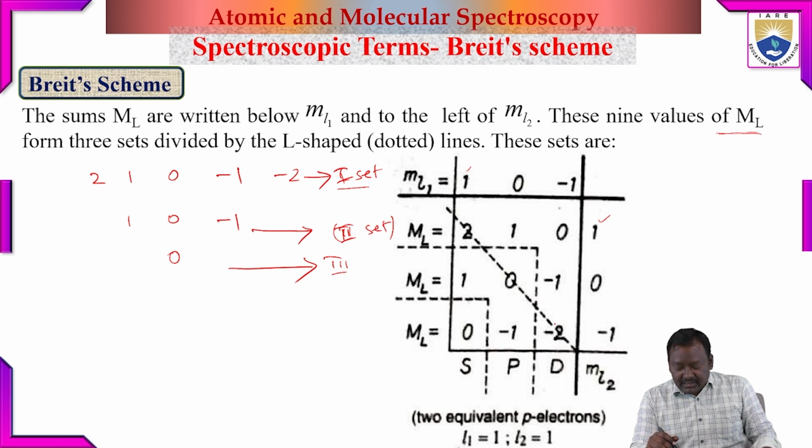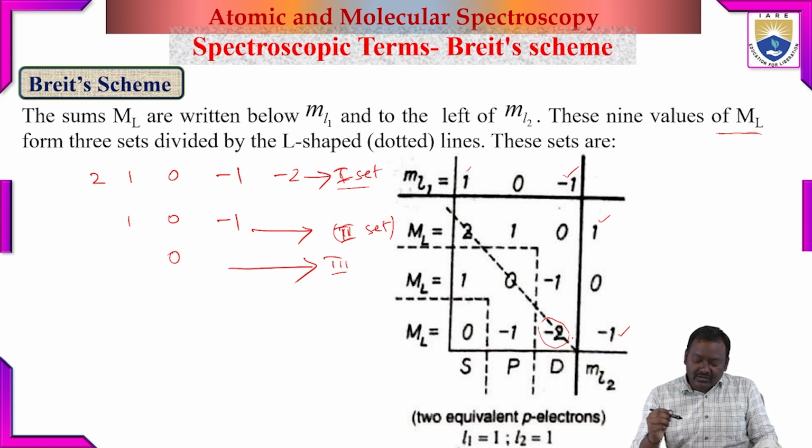And minus 2, we are obtaining when ml1 is minus 1 and ml2 is minus 1. Both ml1 and ml2 are same for the two electrons. So these values are obtained whenever both ml values are same for both electrons.